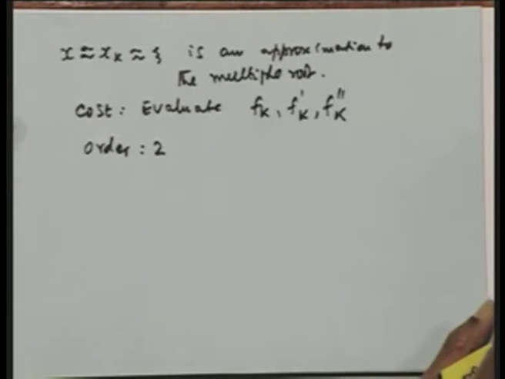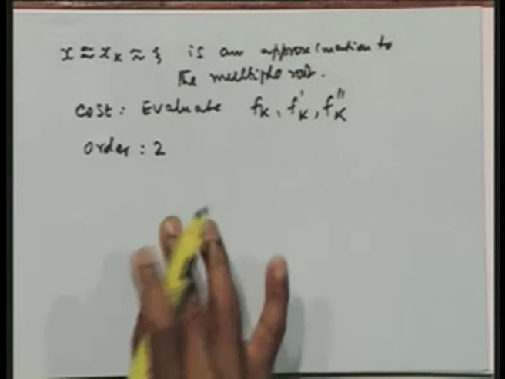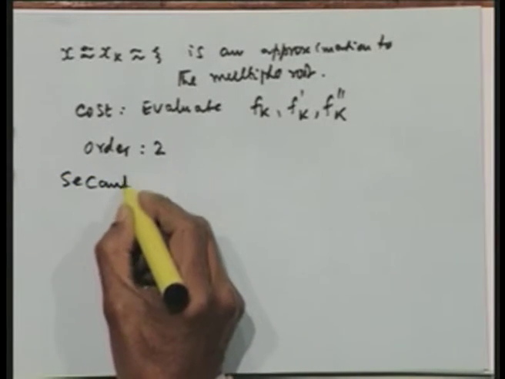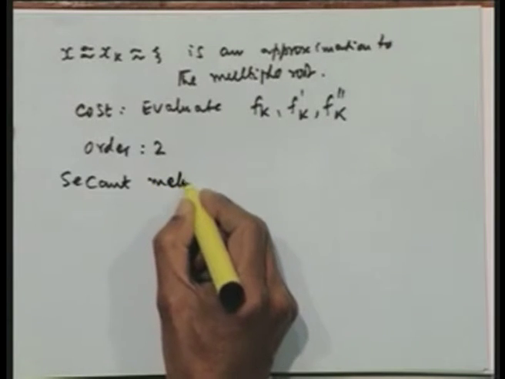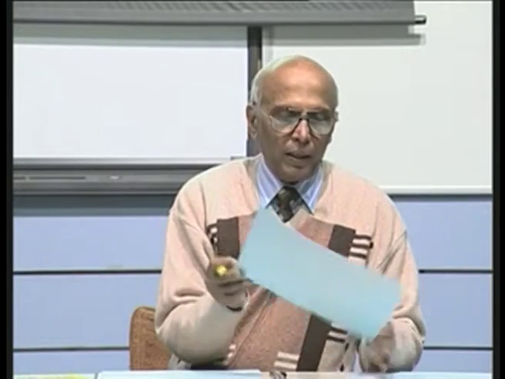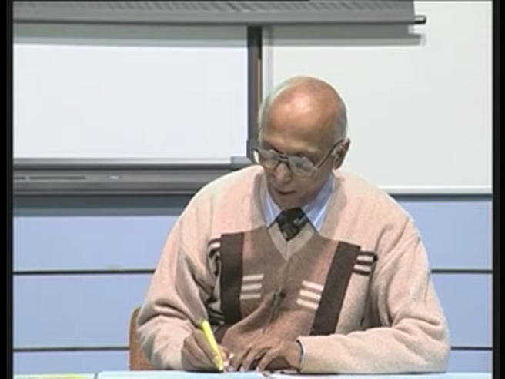Now, this method can also be applied for the secant method. Let us see how you put the same thing into the secant method. In the secant method, let us take the computational way of writing the formula.